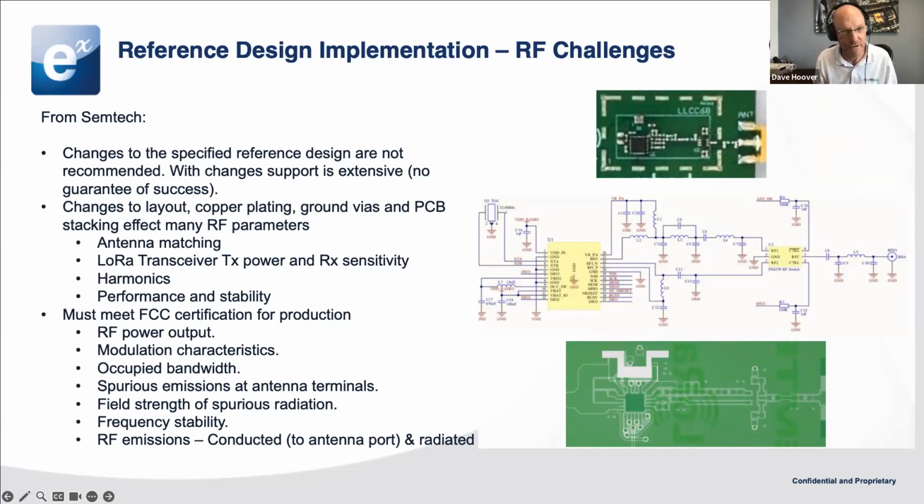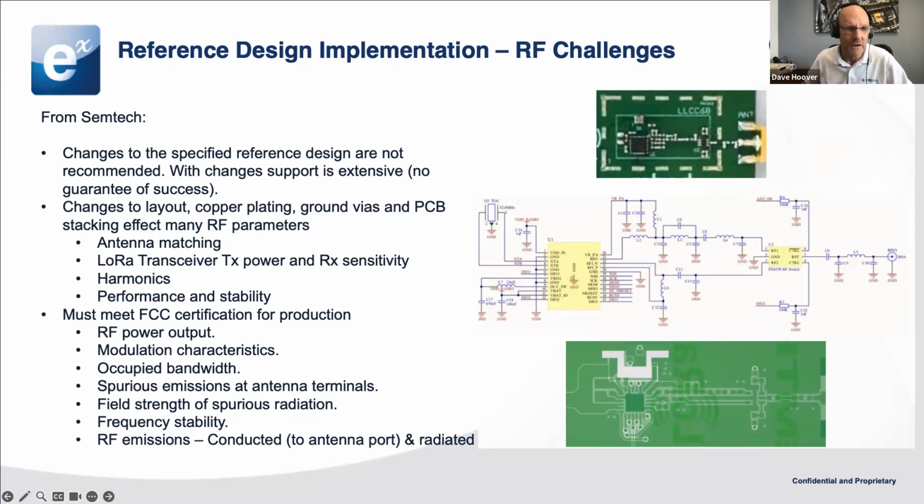So everything affects RF at the end of the day, and the results wouldn't be as expected. You wouldn't get as good of range as you were expecting, maybe not as good sensitivity. You might even fail FCC. The RF just would be variable because it's being changed from the reference design down to the end board.